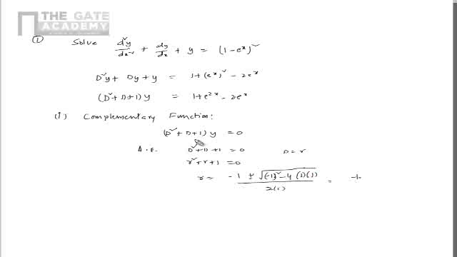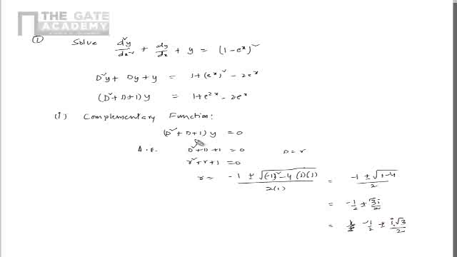So this comes out to be minus 1 plus or minus the square root of 1 minus 4, by 2. This comes out to be minus half plus or minus root 3 i by 2, because root minus 1 is written as i. So you can write it as minus 1 by 2 plus or minus i root 3 by 2.